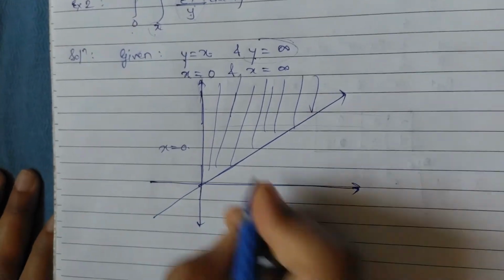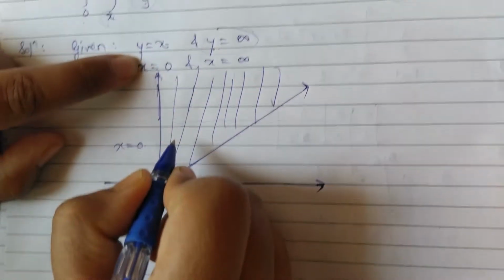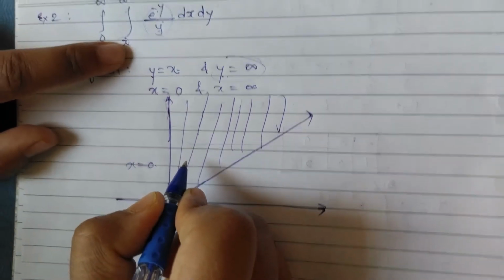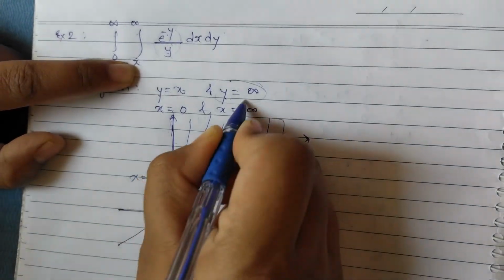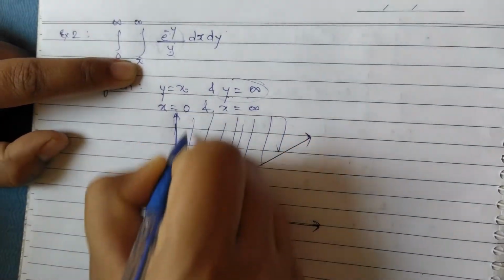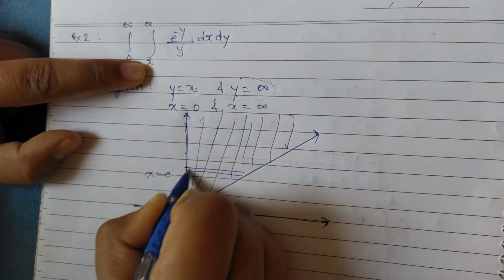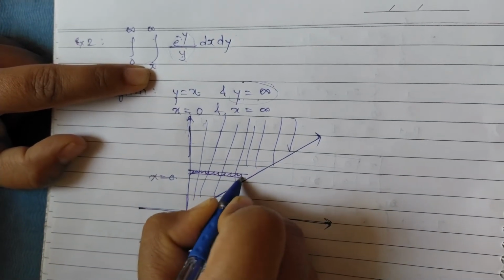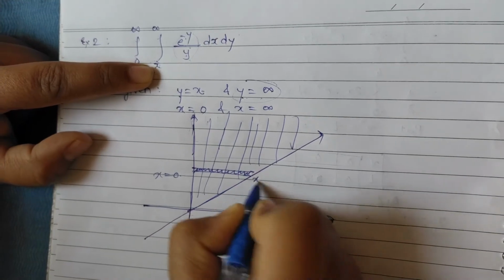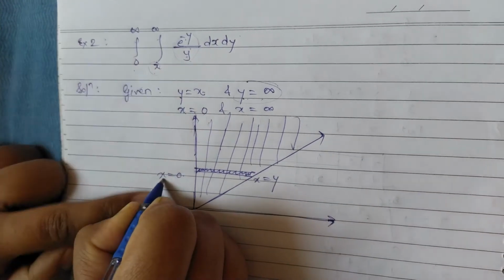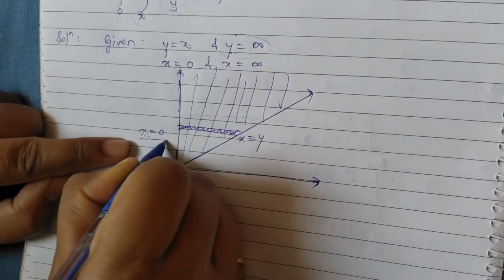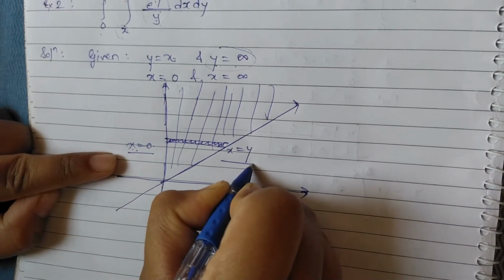Now, y is equal to x and y is equal to infinity means a vertical strip is given. What we need to do is make it a horizontal strip. Now clearly you can see the limits of the horizontal strip: x equal to 0 to x equal to y.